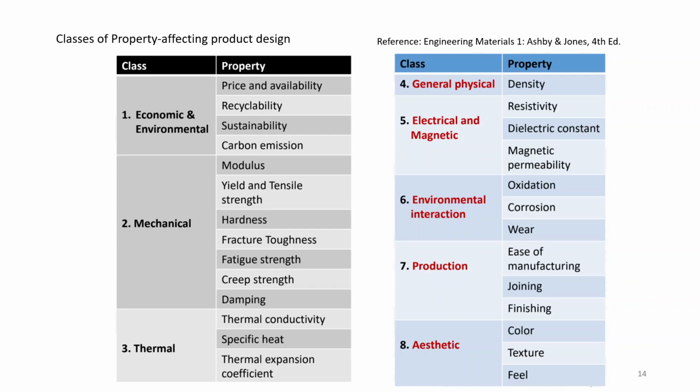Environmental interaction. So you want the material to have high oxidation resistance, corrosion resistance and wear resistance. In case of production you have ease of manufacturing, joining and finishing. For example, aluminum alloys give good surface finishing and they are easy to manufacture.